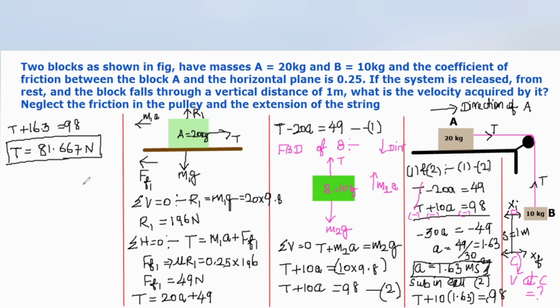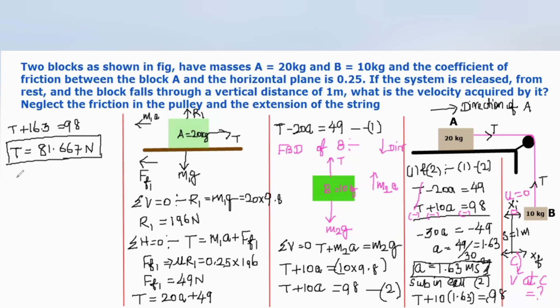So here we can take this as motion in a straight line with an acceleration 1.63 meter second power minus 2. We need the value of velocity, and when it starts to fall from this, we can take the initial velocity at this point as 0, because from there it is going to move downward.